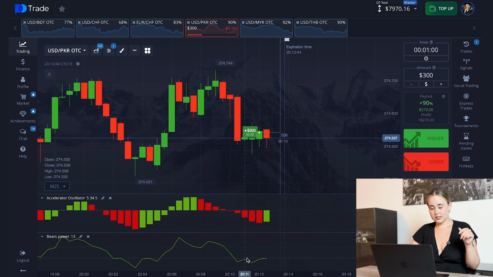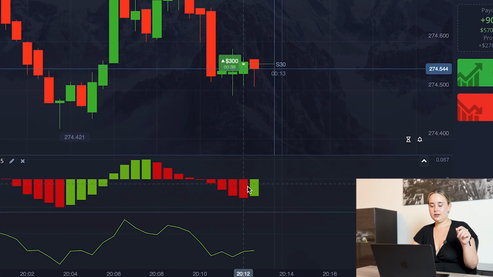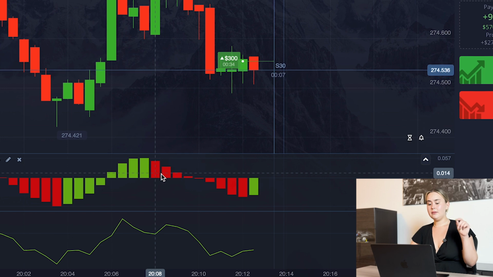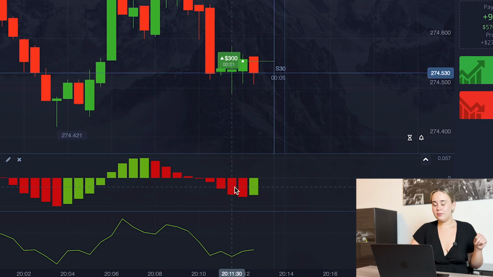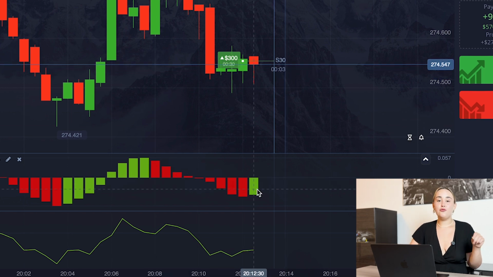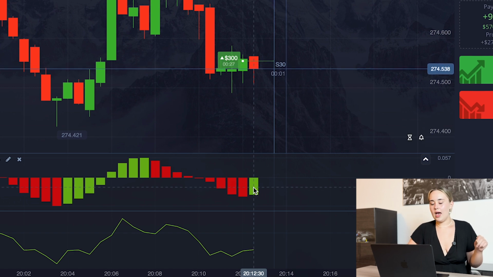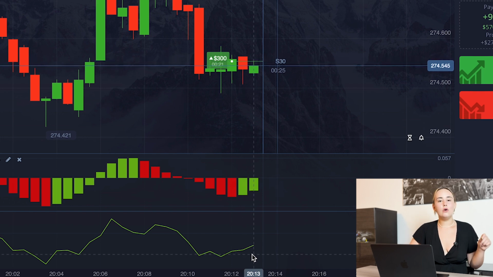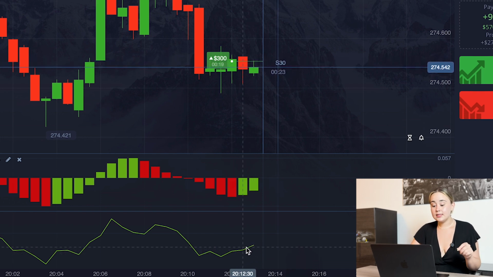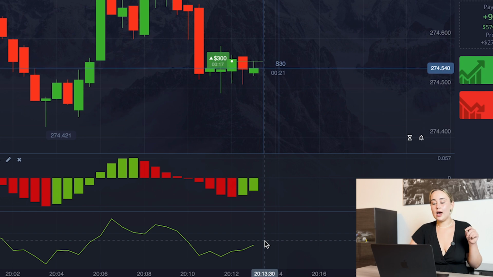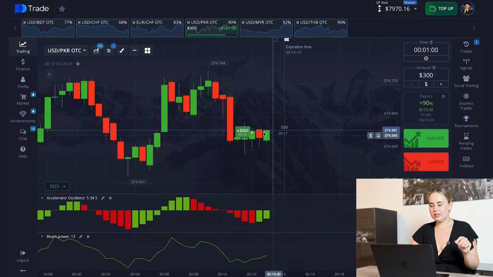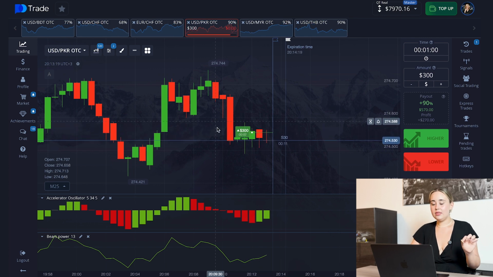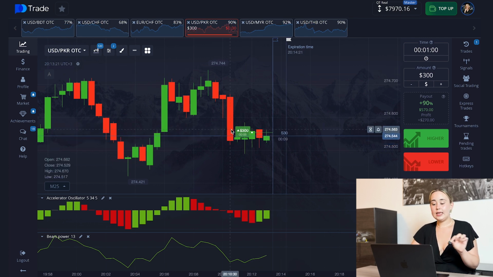As you can see, the oscillator is showing us that right now, after this big minimum, we have more buyers than we had before, and the bearish power indicator also shows us that the price is rising, going higher. Right now you can see that we're working with a really unstable situation, and the price is kind of staying in this area.